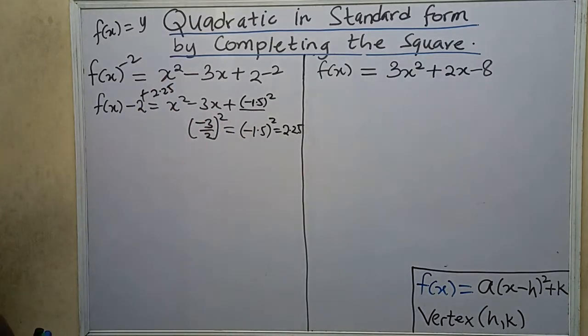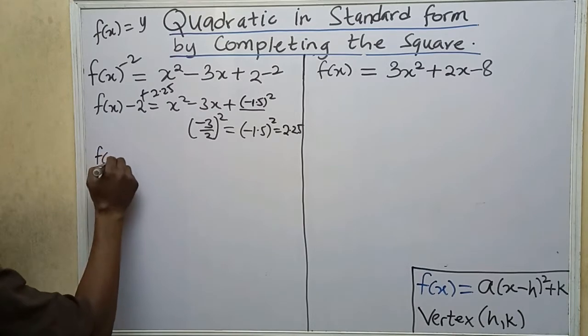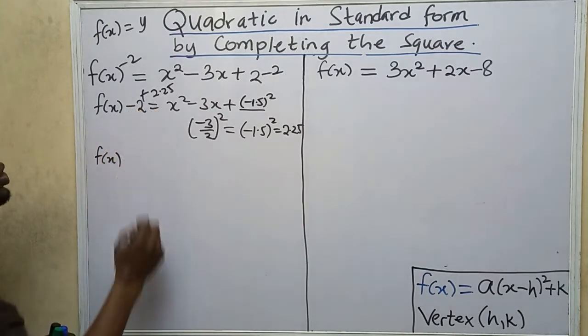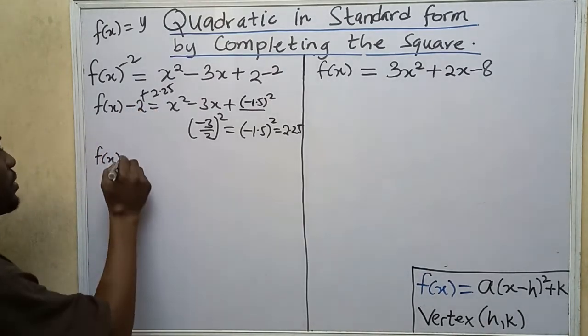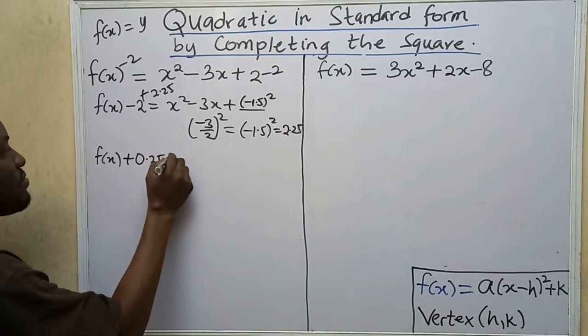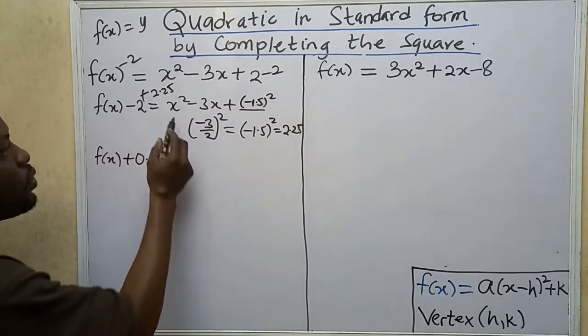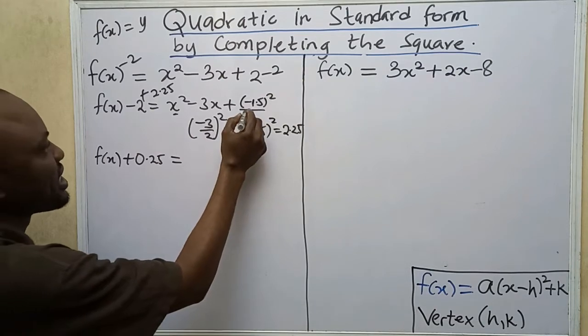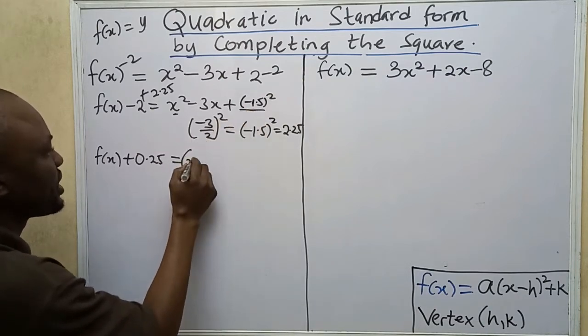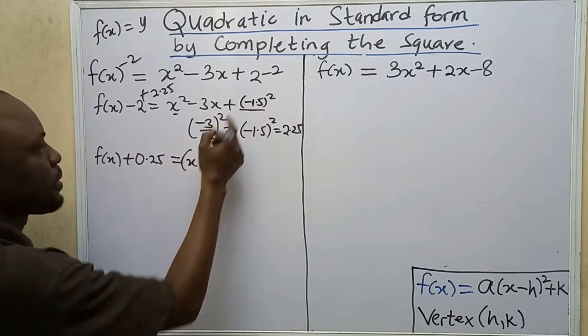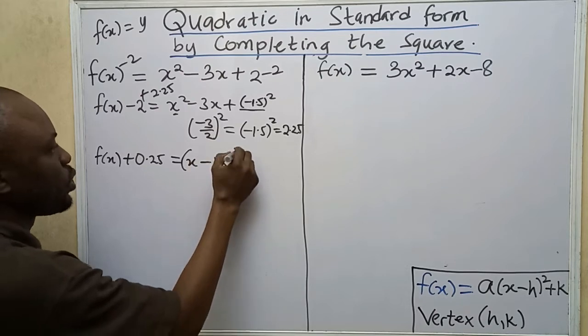Now my f of x will be minus 2 plus 2.25, which gives me plus 0.25. Now, this has a square, so I will just bring it in this form, x minus 1.5 all squared.